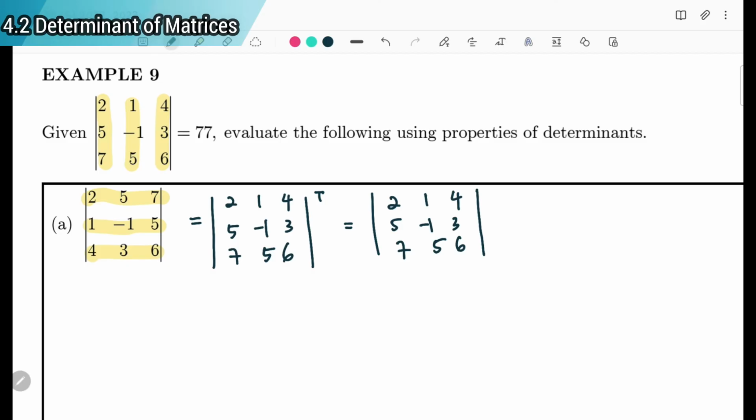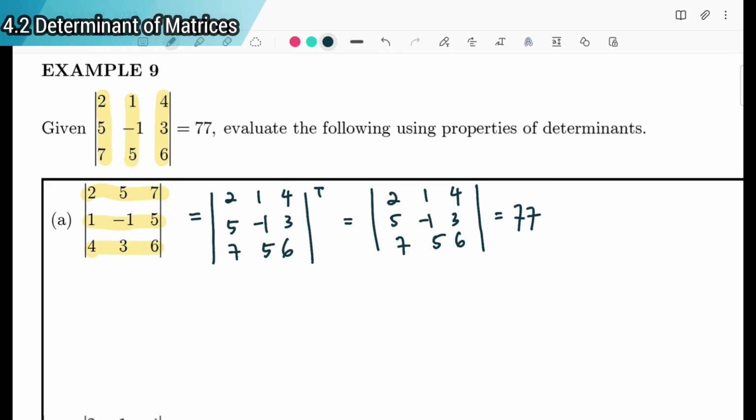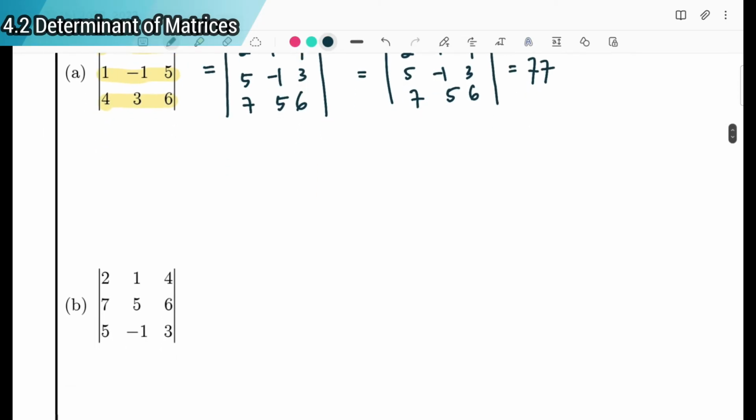These two have the same determinant. So you know that for A, the determinant is 77. Let's see question B.